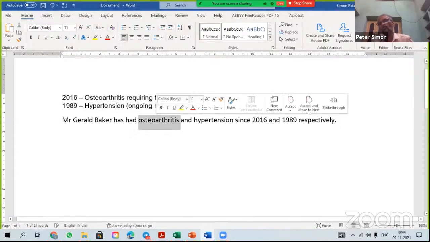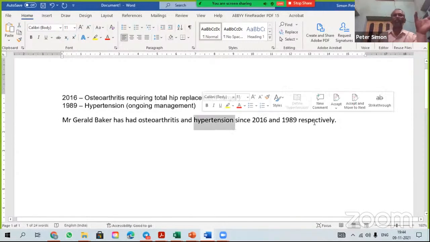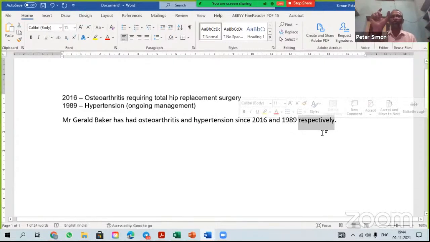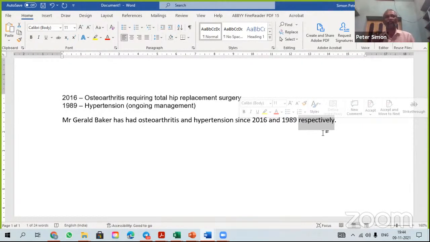So that is why you use the word respectively. The first one, osteoarthritis in 2016, and hypertension, the second one, 1989. First problem, first date; second problem, second date. That is why you are using the word respectively.